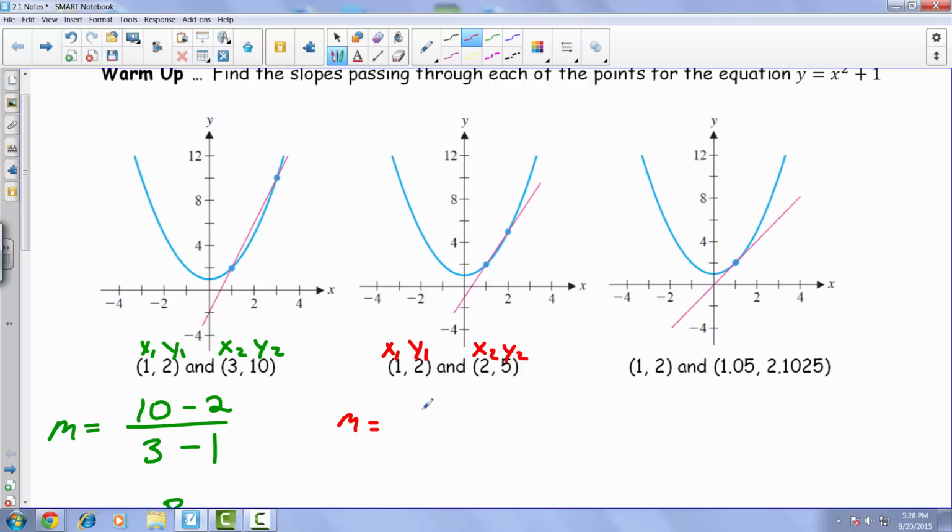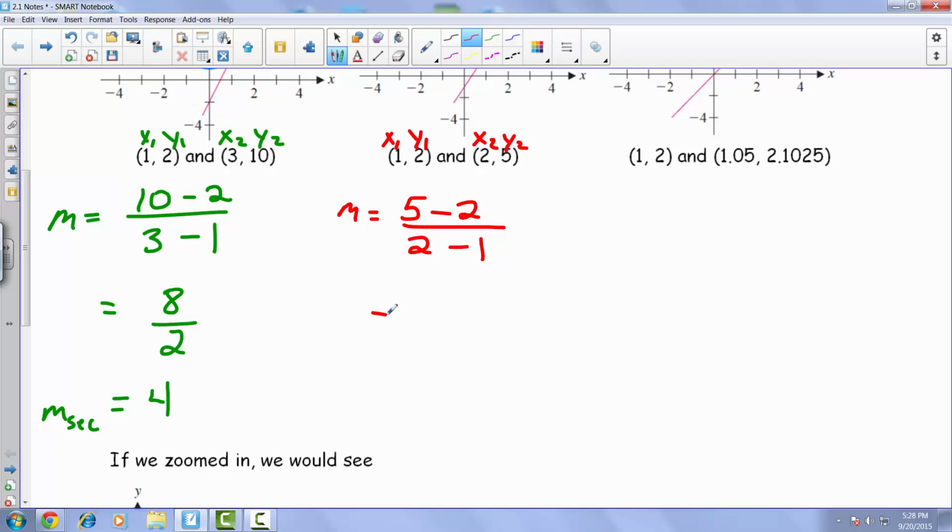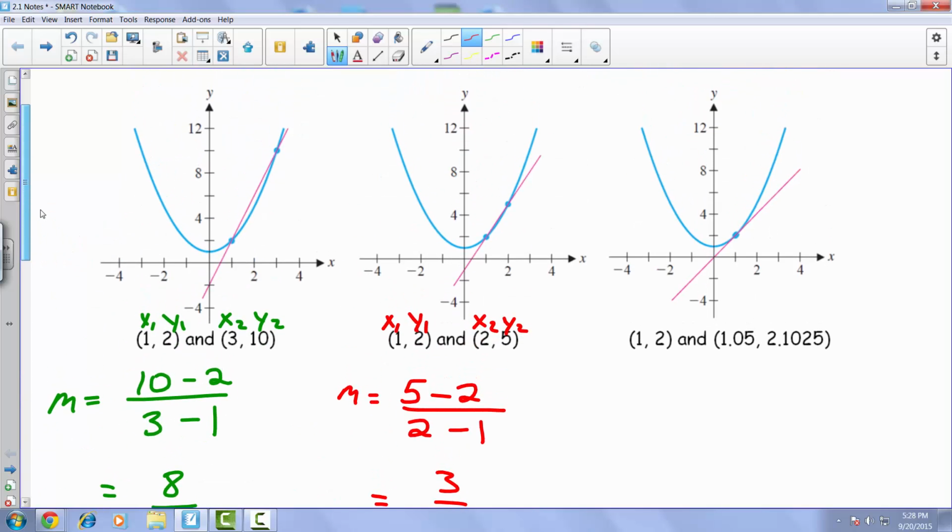Again, it follows the exact same setup. We have 5 minus 2 over 2 minus 1. So this slope comes out to be 3 over 1, which is just 3. So the slope for the secant of that line comes out to be just 3.